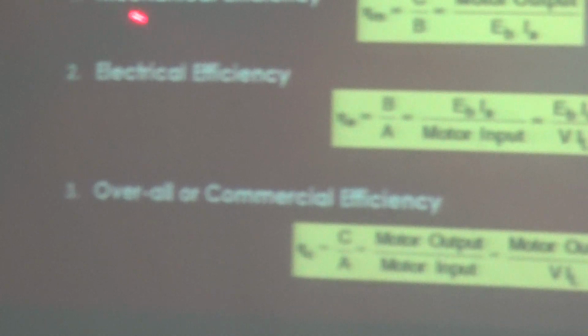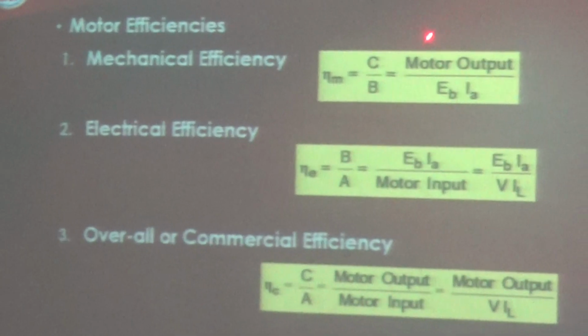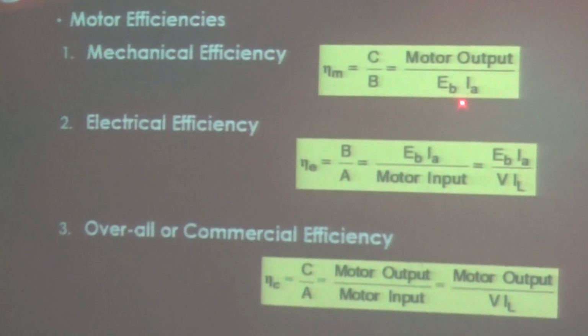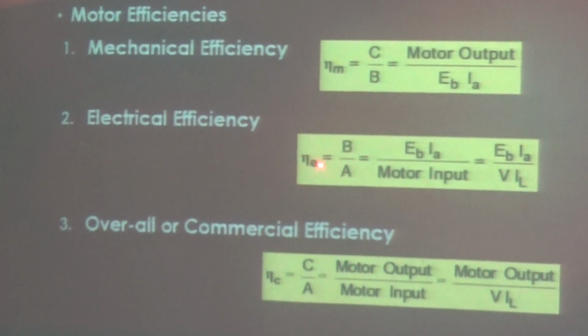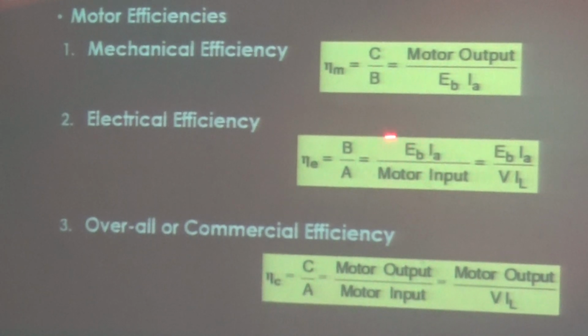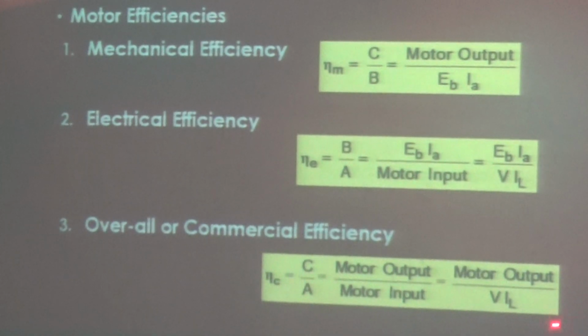So mechanical efficiency is the motor output divided by EB times IA. Electrical efficiency, that is the back EMF power, EB times IA divided by the motor input, V times I. Overall or commercial efficiency is equals to the motor output divided by the motor input.